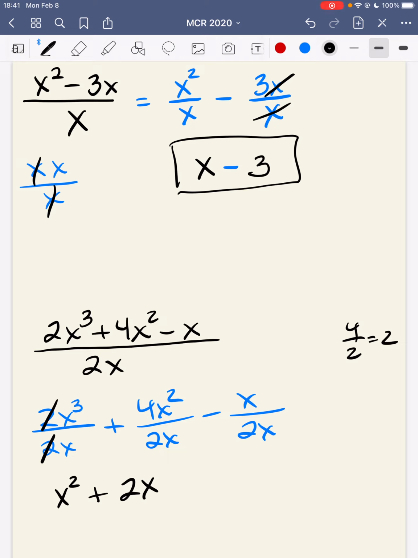This last one, though, is going to be a little tricky. So here I have x divided by 2x. These x's are going to cancel. But remember, when they cancel, x over x is equal to 1, which means there's a 1 here, a number 1. The 2 is in the denominator of a fraction, so it is 1 over 2.